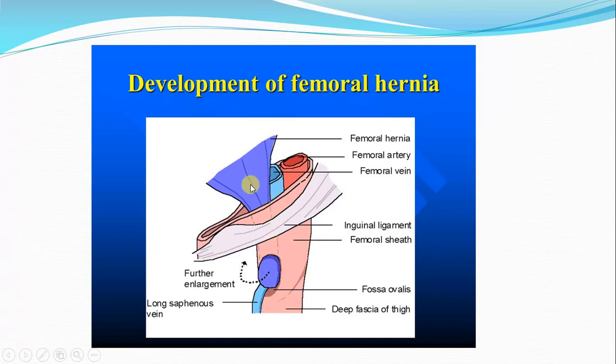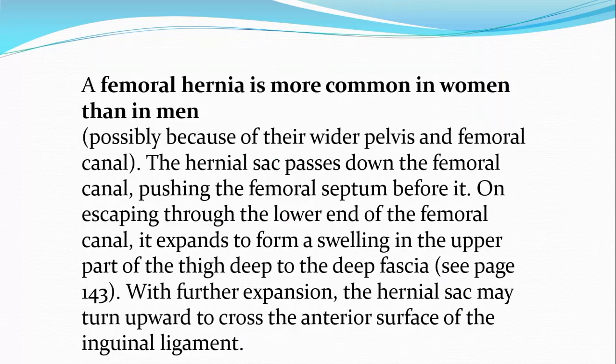This herniation is coming through the femoral canal, which is why it is called a femoral hernia. It is more common in women because a wider pelvis means a wider femoral canal.